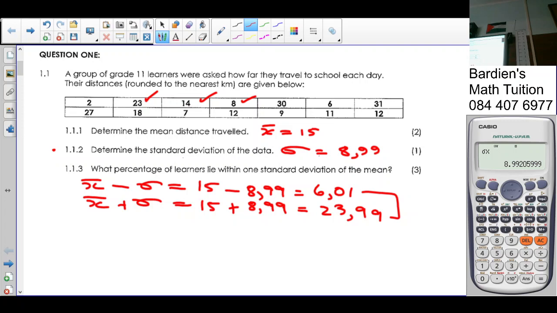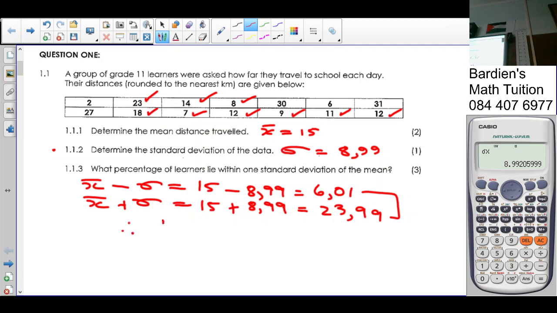In or out? Out. It's just short. That is less than 1 standard deviation. 31? Out. 27? Out. 18? In. 7? 12? 9? 11? 12? So it's 1, 2, 3, 4, 5, 6, 7, 8, 9.